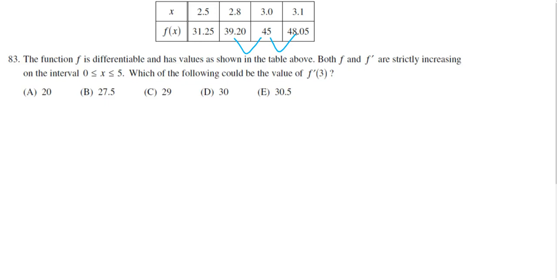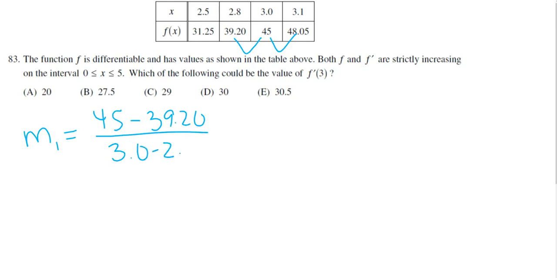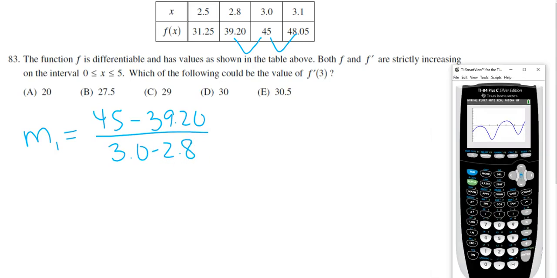All right, so for the first slope, I'll call it m1, I would have change in y, so 45 minus 39.2, all over change in x, so 3 minus 2.8. Let's make the calculator do that. All right, so I'm going to go off of y equals enter, and we will have 45 minus 39.2, and then in the denominator I'll have just 0.2, and that is 29.